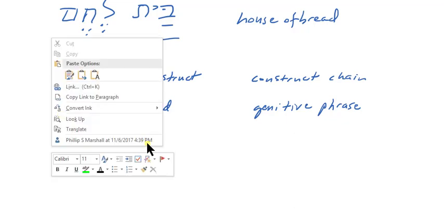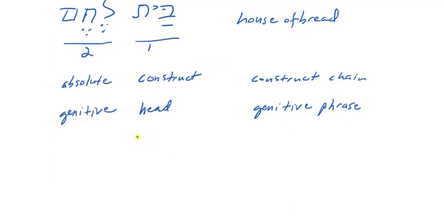Okay, and then another way to describe this is to call the first noun the bound form and the second noun the free form. And people who use these terms refer to the whole thing, thing one and thing two together, as a bound phrase. Okay?